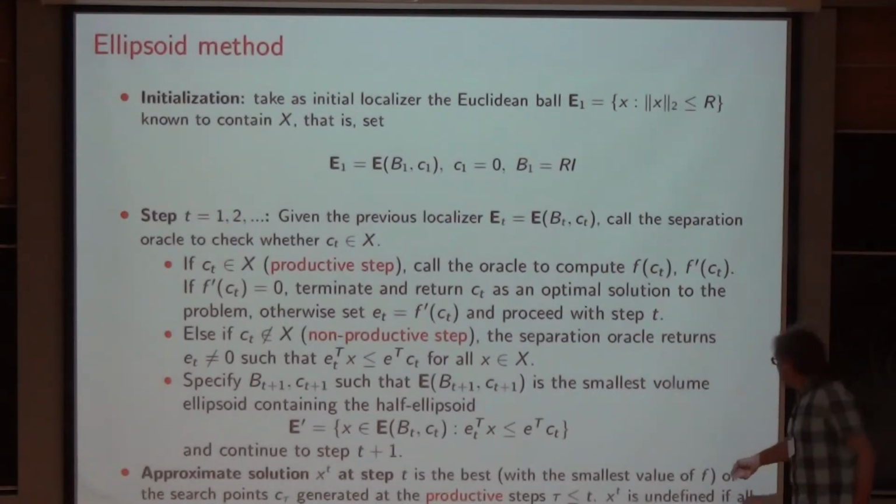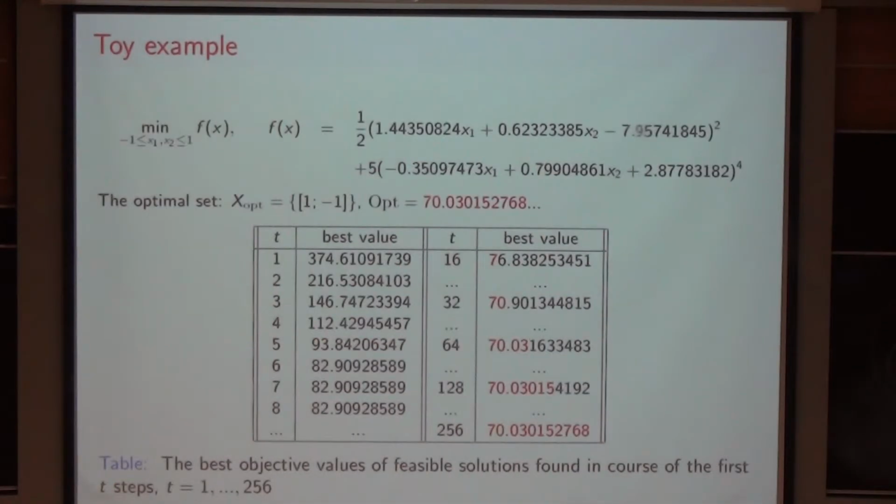We iterate this way, and basically we choose the approximate solution, same as before, just the best search point so far, the best with respect to the value of objective. So this is just a very simple example.